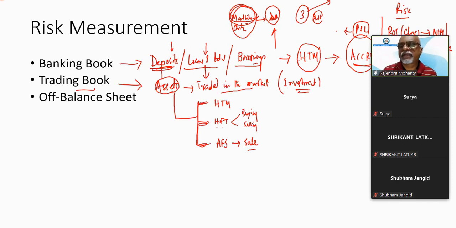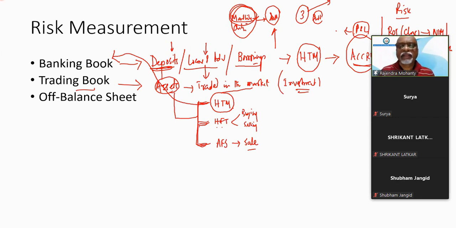We have discussed HTM. Any investment securities in the HTM category will be accounted for or recorded in the banking book only, because all the HTM type of securities, liabilities or deposits are recorded in the banking book only.